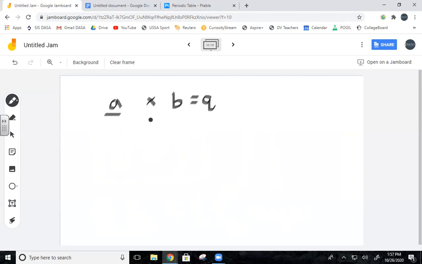Come on, guys. This is literally basic algebra. Raphael? We have a winner. A equals Q divided by B.